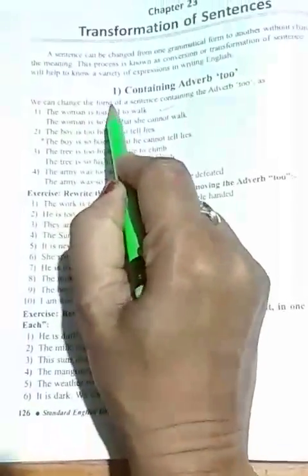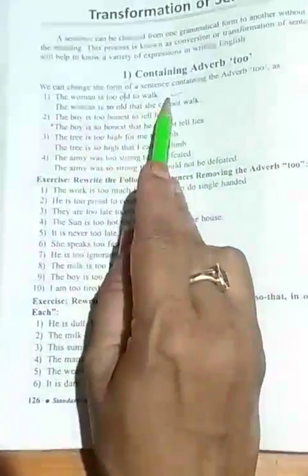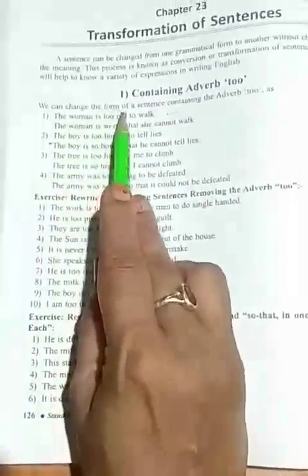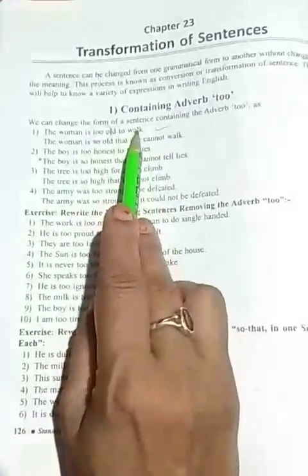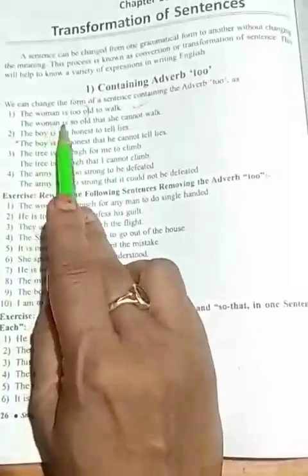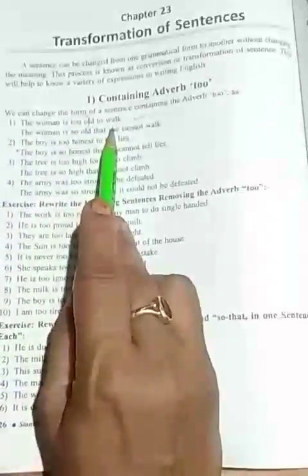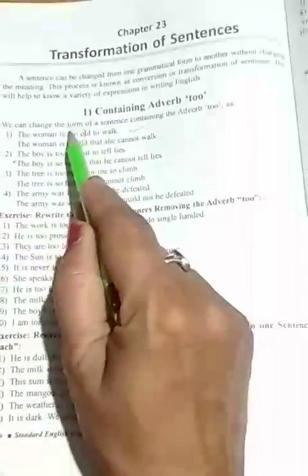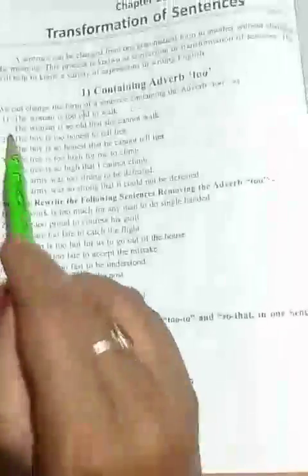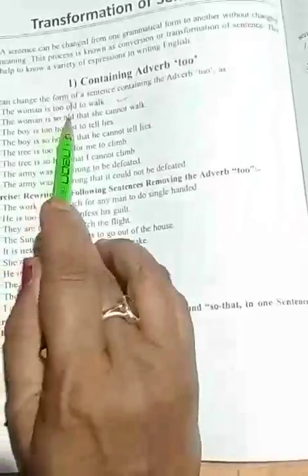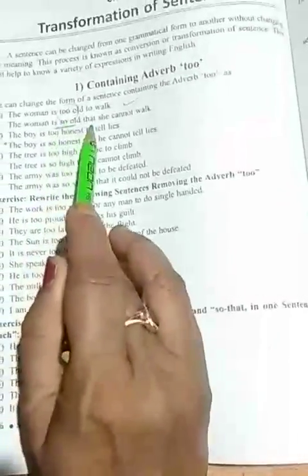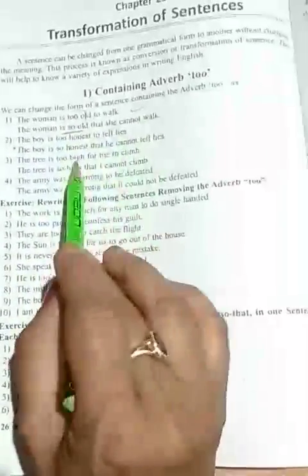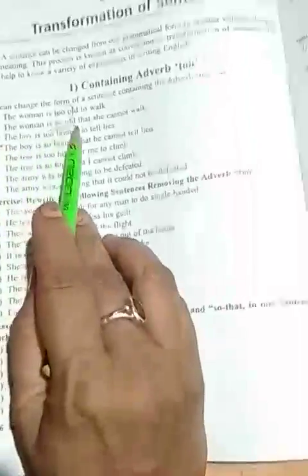Too old to walk means the woman is so old that she cannot walk. Now I will transform it another way, removing "too": The woman is so old that she cannot walk.